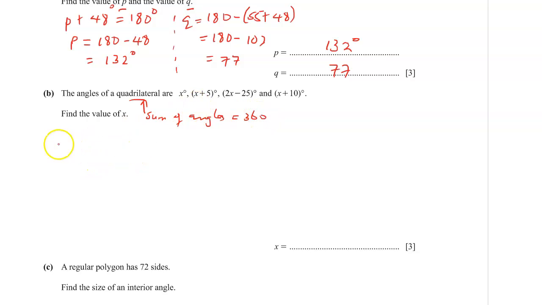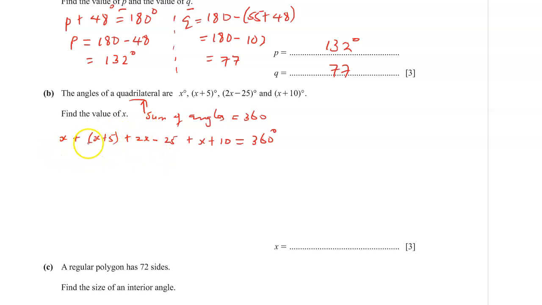Therefore, x plus x plus 5 plus 2x minus 25 plus x plus 10 total to 360 degrees.